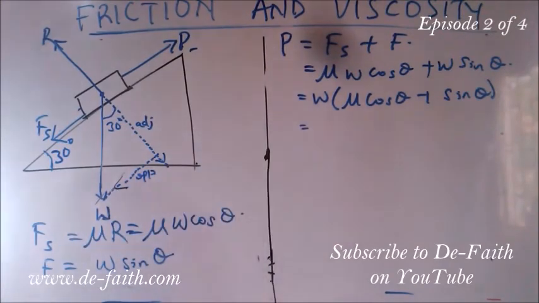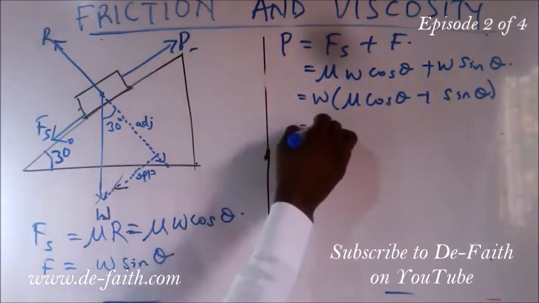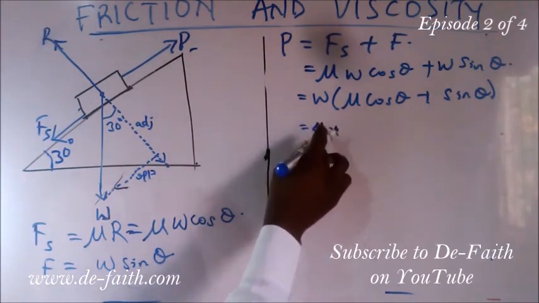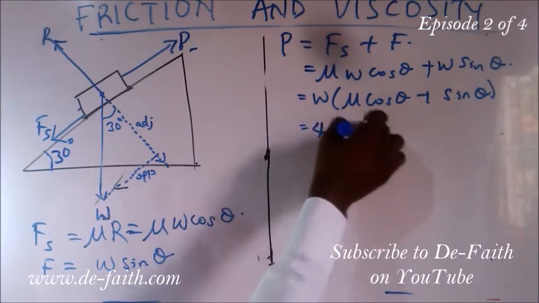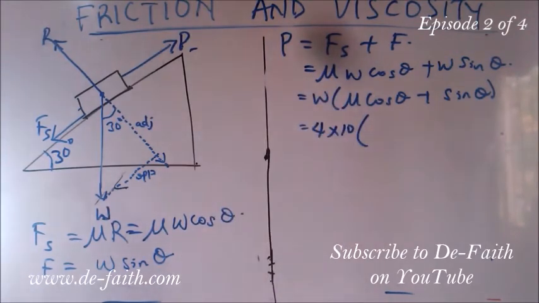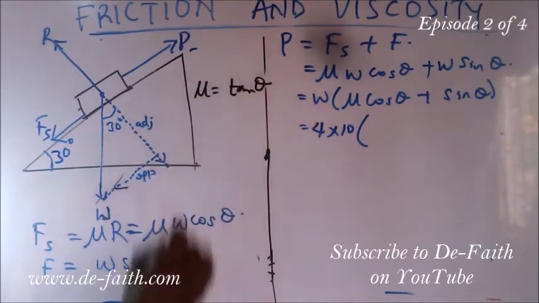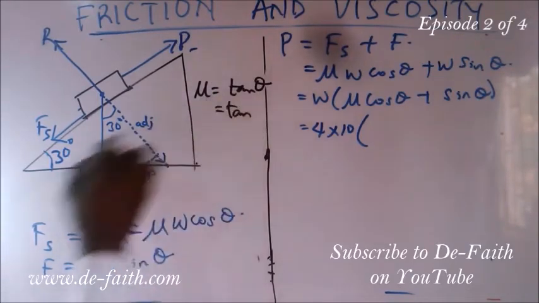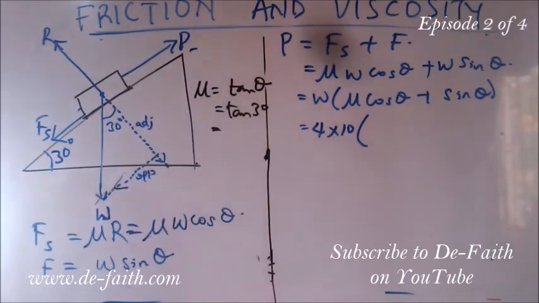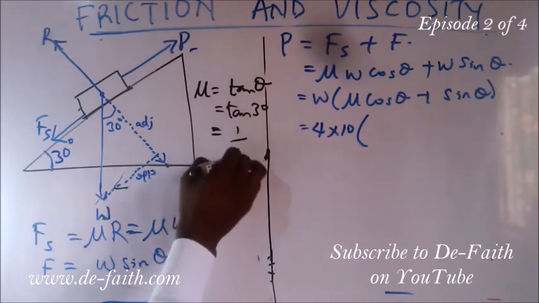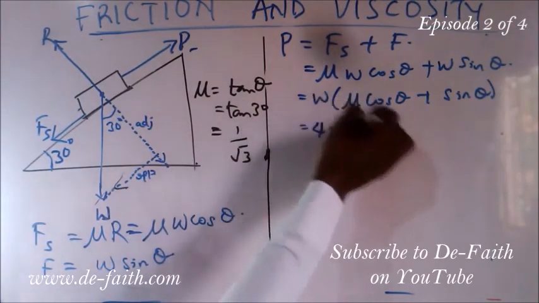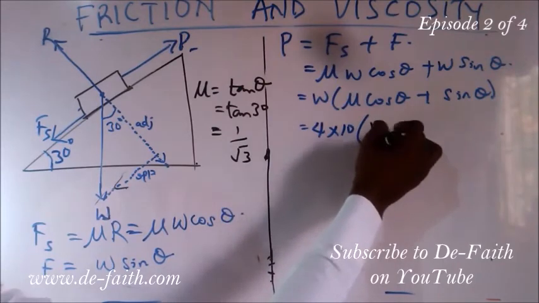So our mass is given as 4 kg, times g, which is 10. Then the coefficient of friction we're not given in the question, but we can easily calculate it from our idea of mu equal to tan theta. So tan, our theta here is 30, and tan 30 gives us 1 over root 3. So we'll have our 1 over root 3 here.